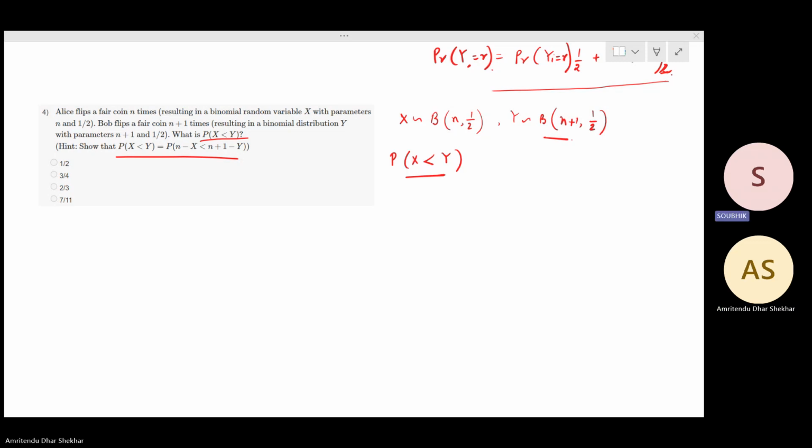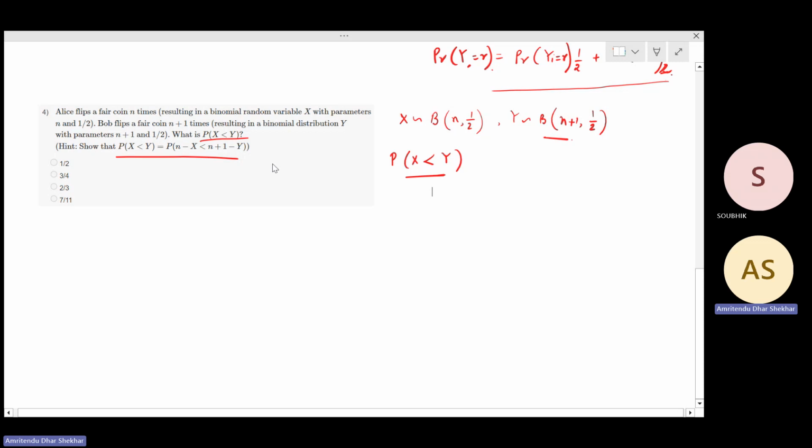Yes, sir, there is an assignment with a question of this kind where a coin is being tossed. Were you able to attempt that question? Actually, I haven't tried this question yet.